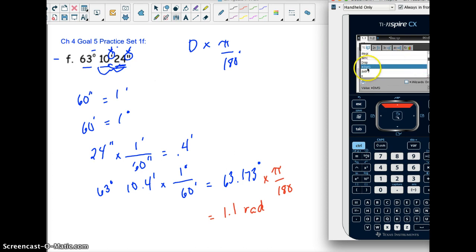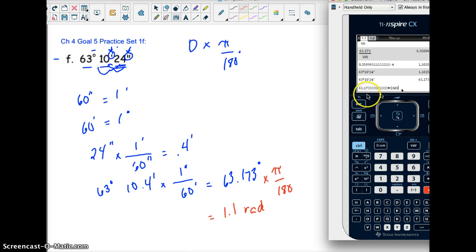DMS stands for degrees, minutes, seconds. So if I select that now, this is telling the calculator, take 63.173 degrees and convert it to degrees, minutes, and seconds. And I know in some of your homework you had to do that, and you are welcome to use your calculator to let it convert for you, or you can use your conversion factors to convert back and forth.